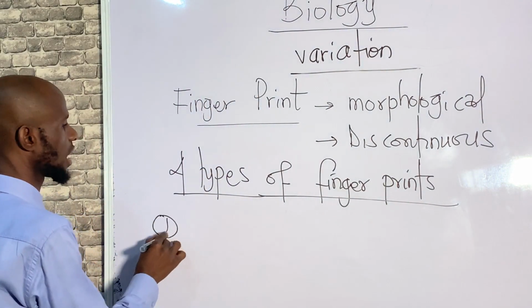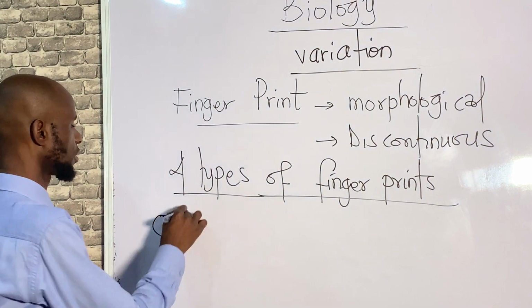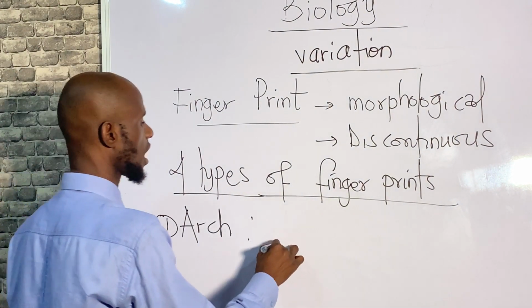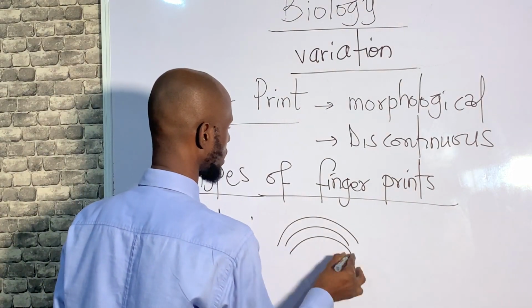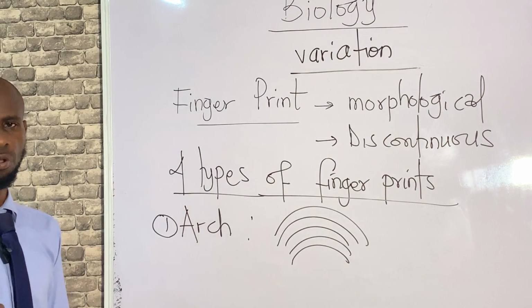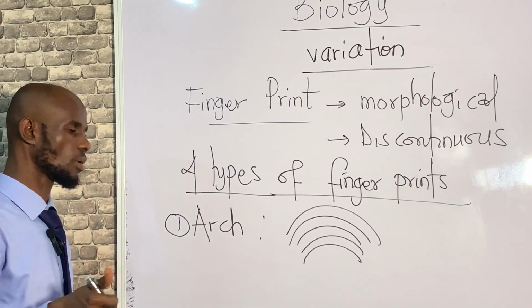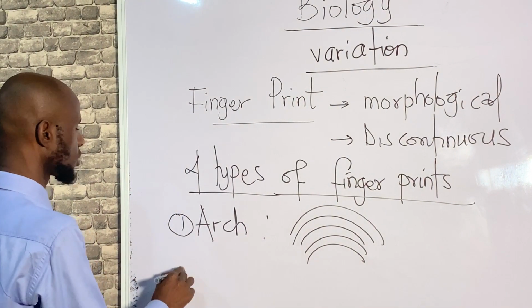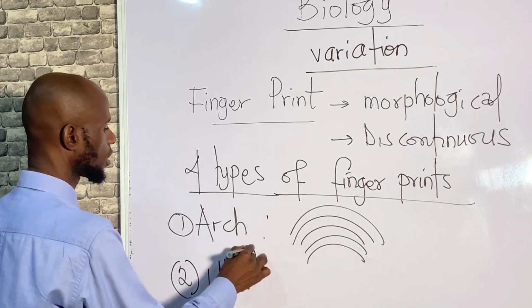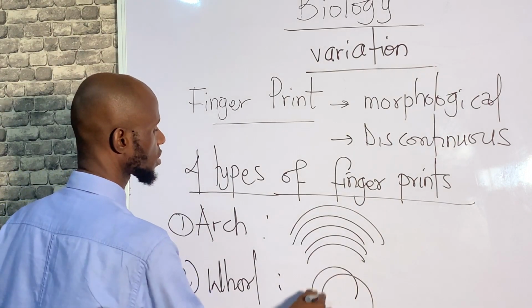So what is the first type? We have the arc or the arch, and this is how the arch looks. So you check which one you are having on your thumb or on your fingers. The next one is the whorl, like a circle.